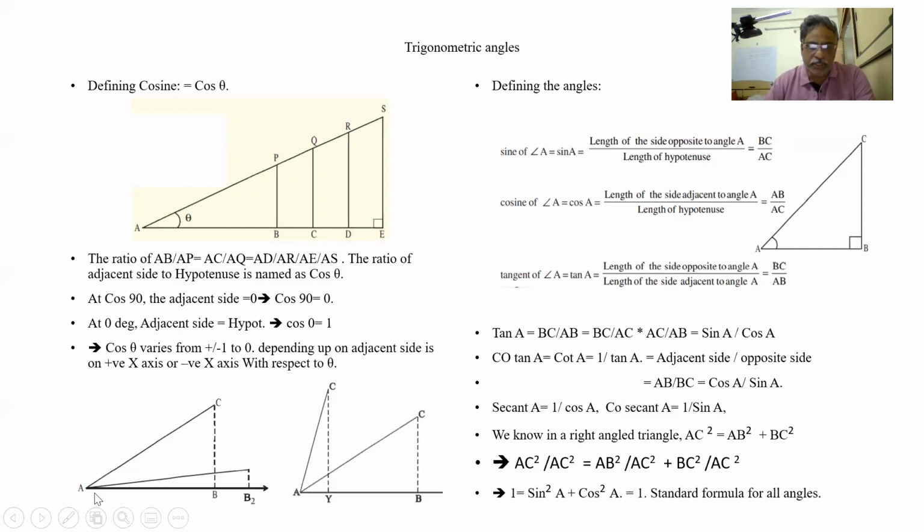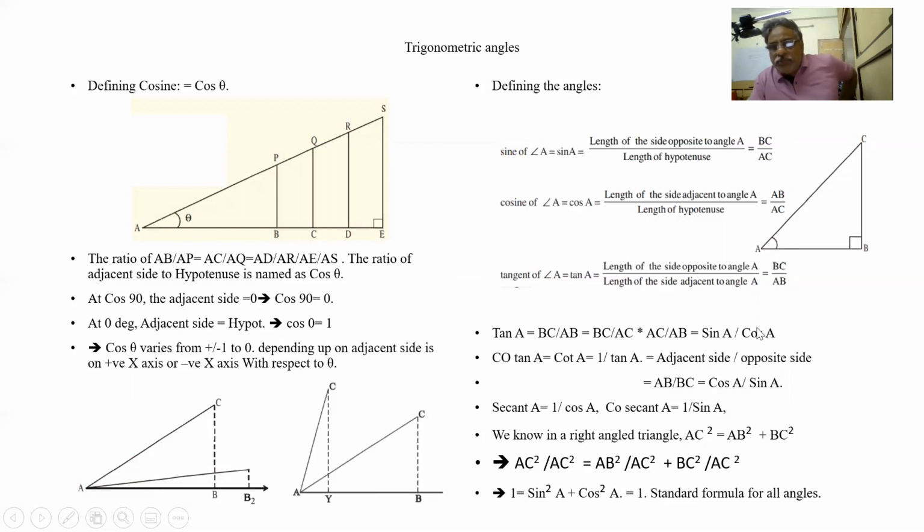Cos 0 means the adjacent side is almost equal to the hypotenuse. So cos 0 is equal to 1. Cos 90 is 0, cos 0 is 1. Similarly here, as the angle goes to 90, the adjacent side becomes 0, so adjacent side by hypotenuse is 0. So both figures we can correlate and see the extreme values. That way cos also varies between plus or minus 1.